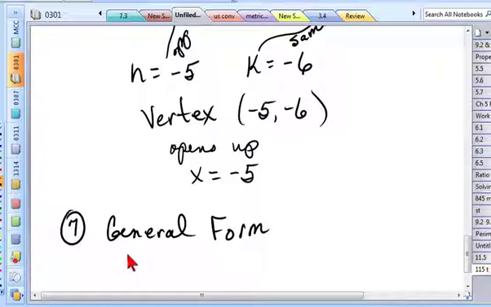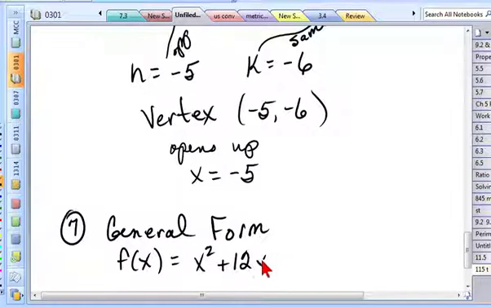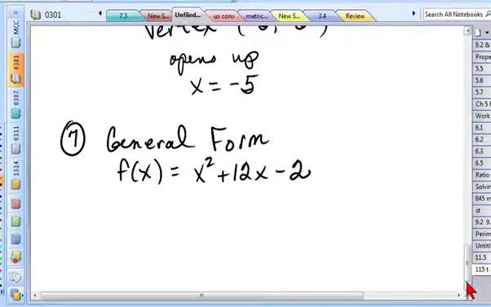I have f of x is equal to x squared plus 12x minus 2. All right. I need to find the vertex, but I am not given h and k. But I am given a formula for h. It is negative b over 2a.